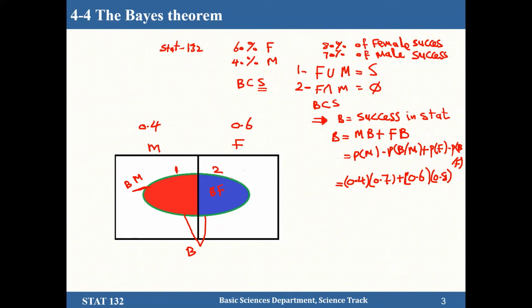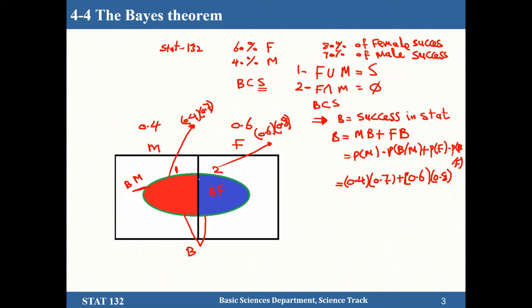So 1 is 0.4 multiplied by 0.7. 2 is 0.6 multiplied by 0.8. So now we are done.